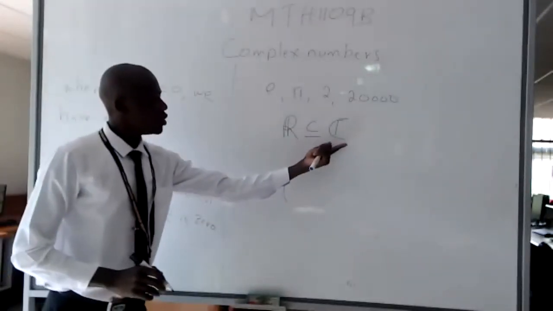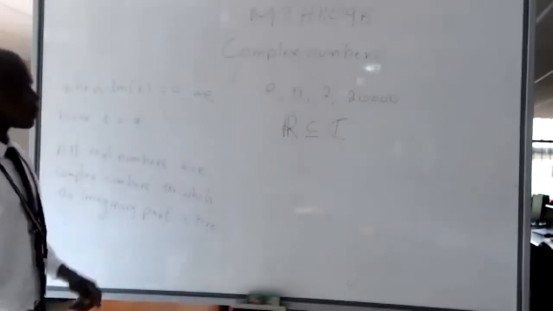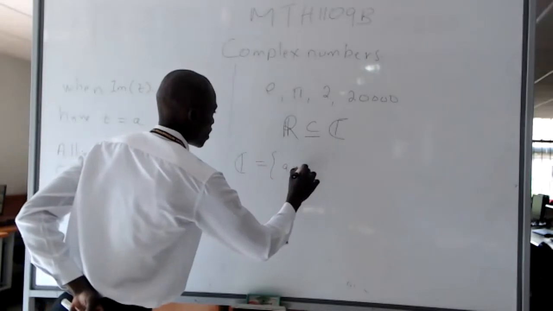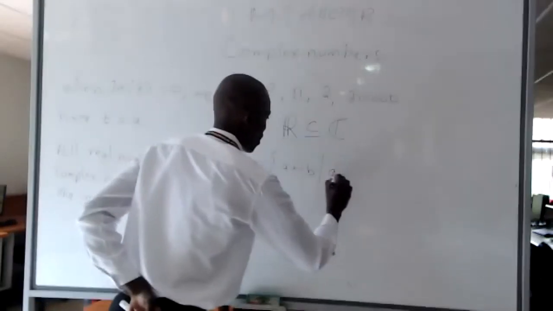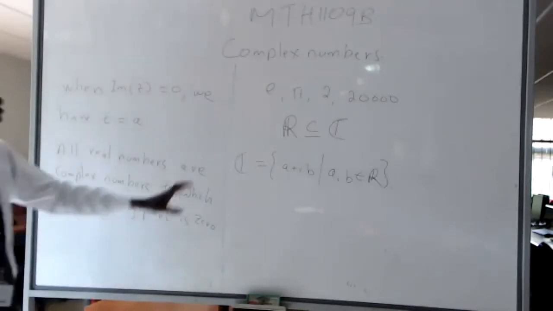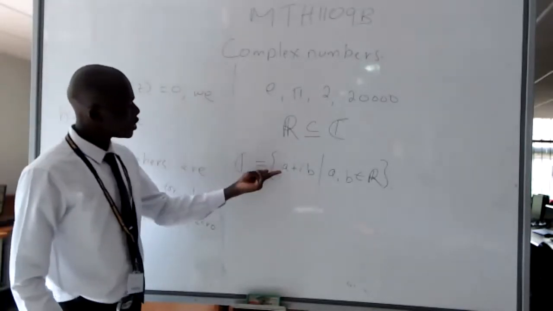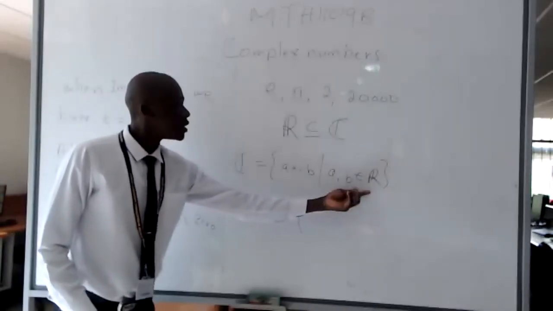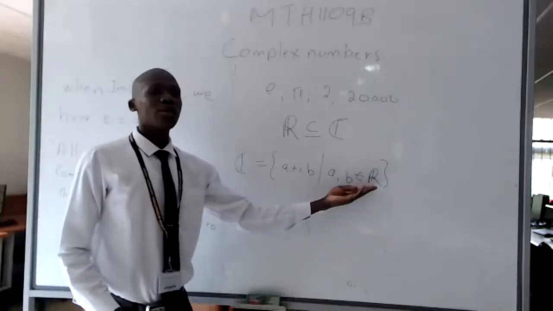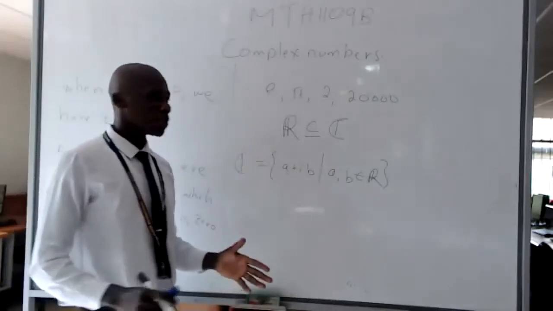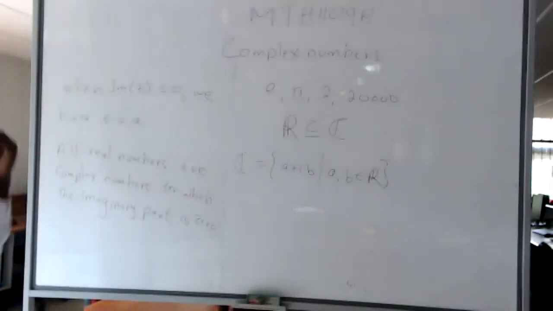We use C to denote the set of complex numbers, which contains numbers of the form a plus ib, such that a and b are real numbers. This is the definition we just gave before. And all real numbers are a subset of complex numbers, which means all real numbers are actually complex numbers for which the imaginary part is 0.